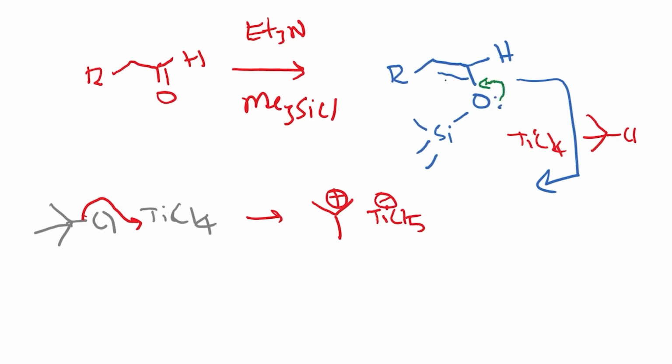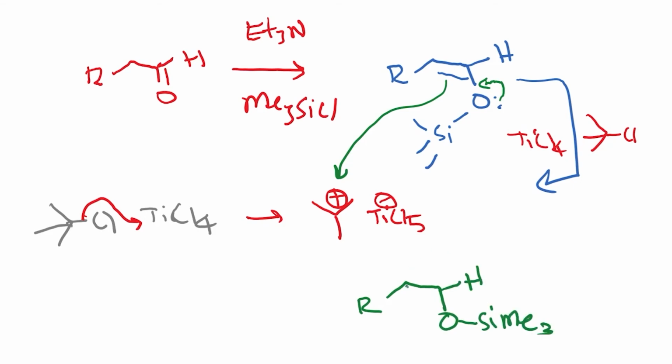Okay, so this carbocation now is well set to react with the silyl enol ether, and presumably the reaction goes with this kind of a mechanism, and you end up with a product which is going to look like this. The rest of the mechanism is pretty much identical to what we have studied in the past. So you end up with a double bond and positive charge, and then the chloride ion, which is being produced here, will attack and give you back the aldehyde.